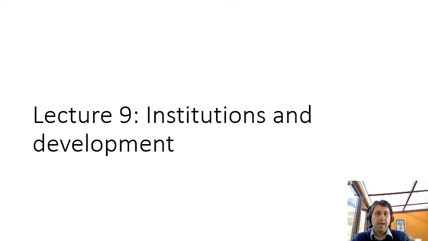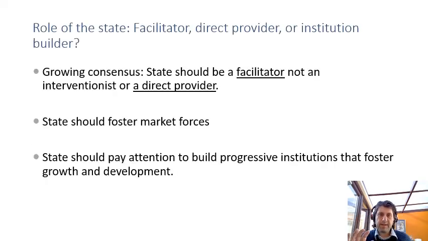Then we talked about institutions and development in lecture 9. So this was the penultimate lecture. Essentially here we're thinking about what the role of government or the role of the state should be in the economy. Should it be a facilitator of goods and services? Should it be a direct provider of goods and services?